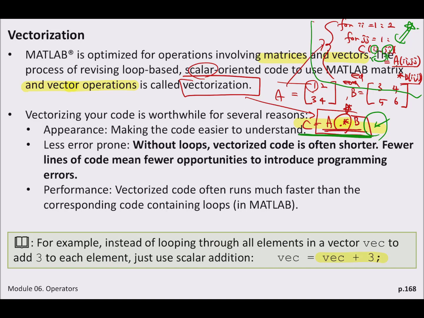MATLAB allows us to use the add operator between this vector and a scalar. Okay, does it make sense? This is the vector, and 3 is a scalar, but MATLAB allows us to do the operation in this one, and this process is already predefined in MATLAB. What is the process? It adds the scalar value to each element in the vector.